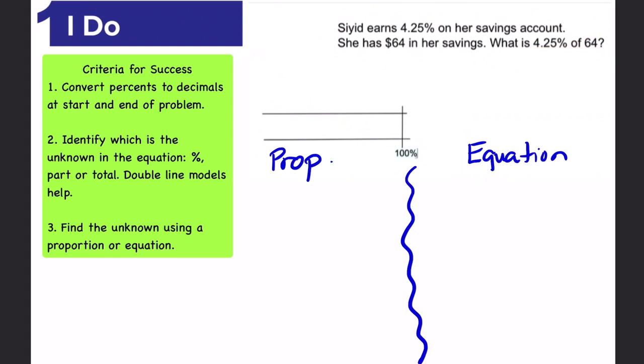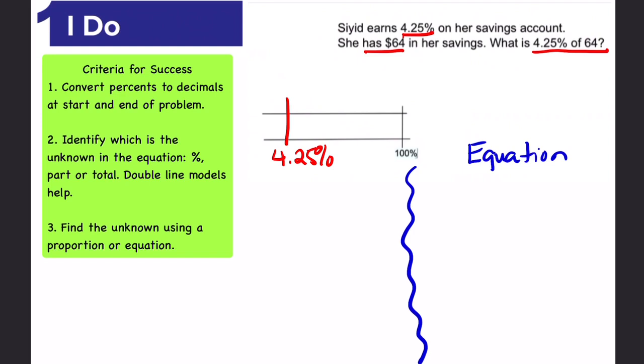Okay, so again, I'm going to jump right in. You can use your model if you'd like. Let me move down the proportion just a little bit. So I have 4.25%. So that's from the problem. And I know she has $64 in her savings. And I want to know what is 4.25% of 64.